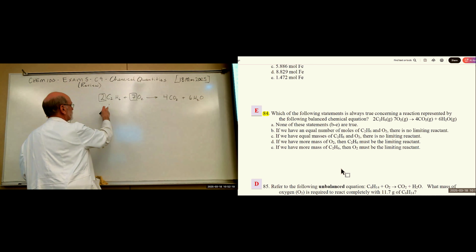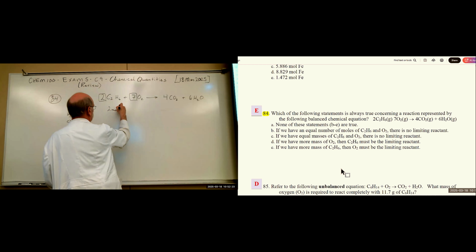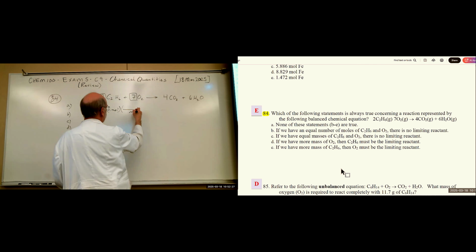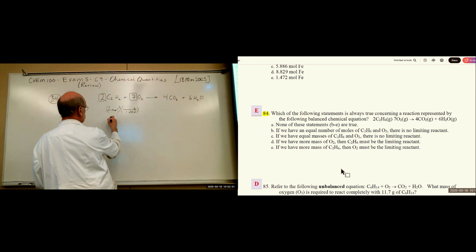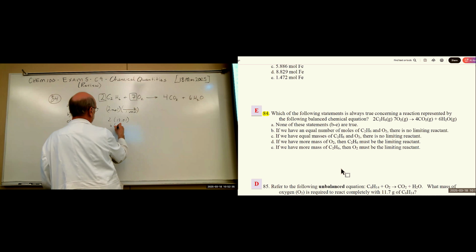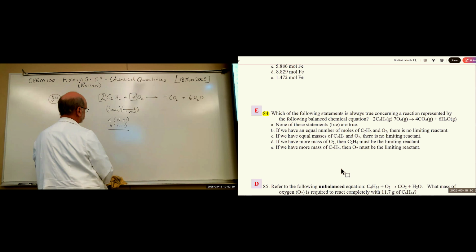We would have to convert 2 moles of C2H6 into mass. So that would be 2 times 12.01 and 6 times 1.01.